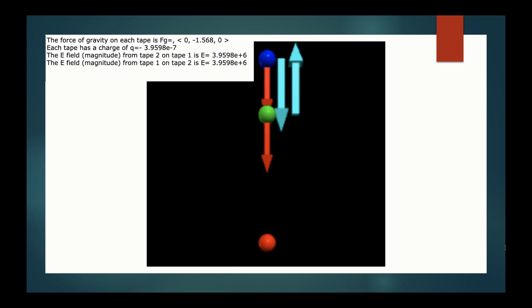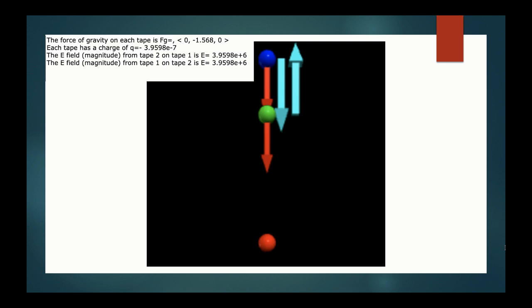So the reason they point towards each other is because the tapes are negatively charged, and the electric field at a point is assuming that that point is positive.